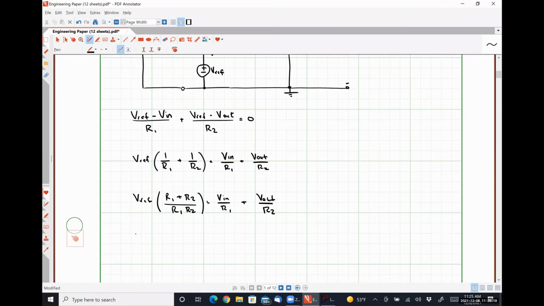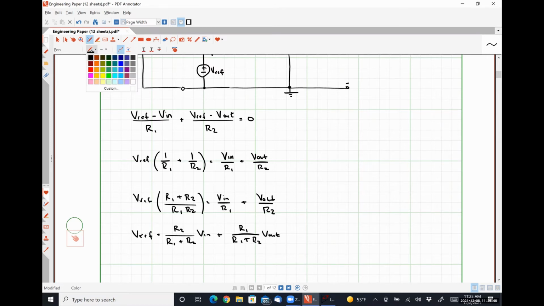And now I can just isolate Vref. So this is going to be R2 divided by R1 plus R2 times Vn, plus R1 over R1 plus R2 times V out.